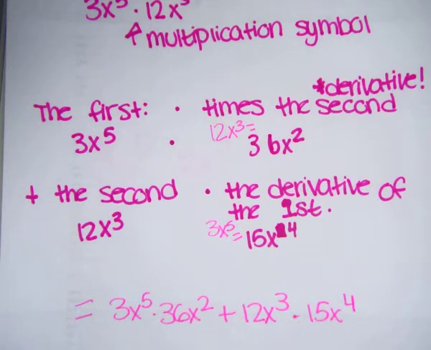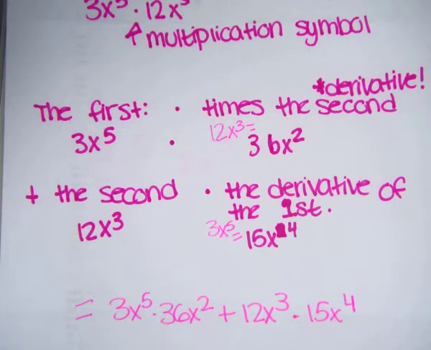Alright, so the derivative of the second, 12x cubed, is 36x squared, plus the second, which is 12x cubed, times the derivative of the first, which is 3x to the fifth, which equals 15x to the fourth. And at the bottom of the screen, that's how it should come out: 3x to the fifth times 36x squared plus 12x cubed times 15x to the fourth.